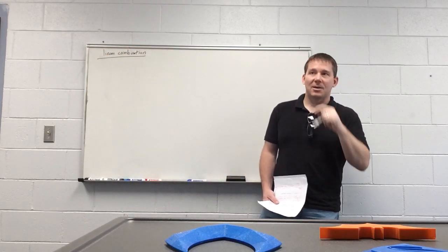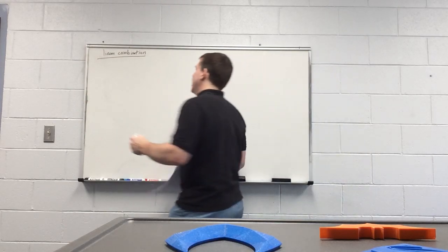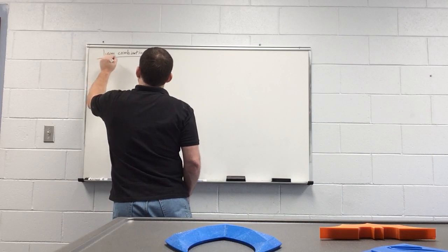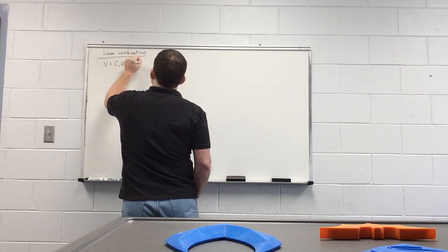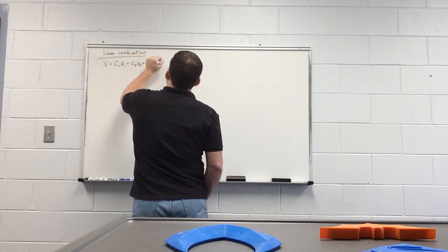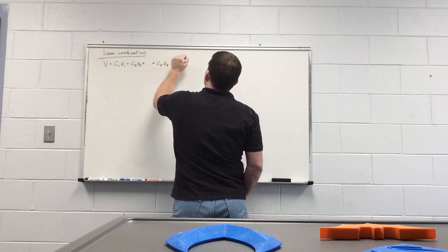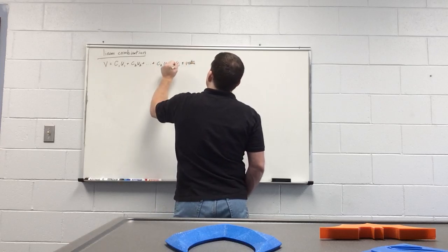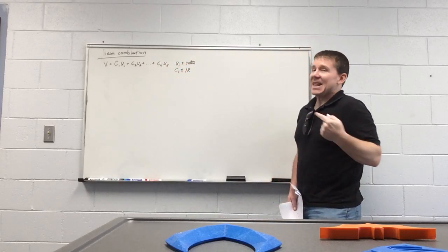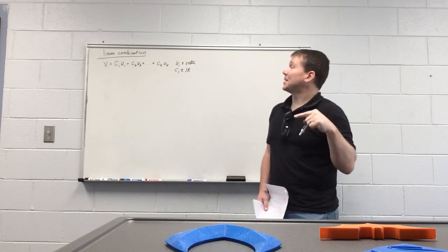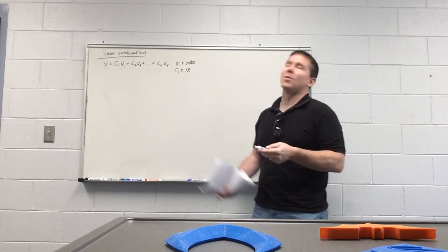I'm not going to write the incredibly long, wordy definition, but essentially, if I have a vector v and I can write it as c1u1 plus c2u2 all the way up to ckuk, where the u sub i's are vectors and the c sub i's are real numbers, scalars, then I can say that I can write the vector v as a linear combination of the vectors u sub 1 through u sub k.